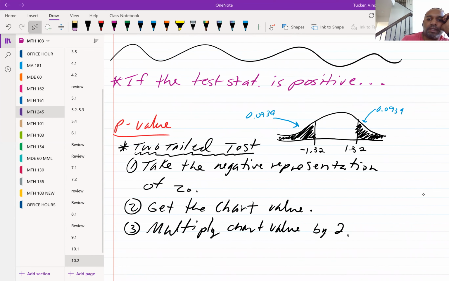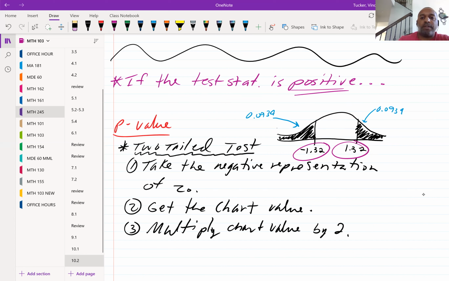But if the test statistic is positive, you would take the negative representation of Z0 or the test statistic and get the chart value and then multiply it by 2. Because remember, both of these are what you're going to use. But if you were to get the positive one, it's going to give you everything over here. Remember, we want just this piece.